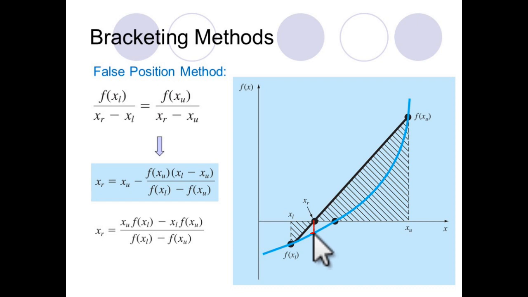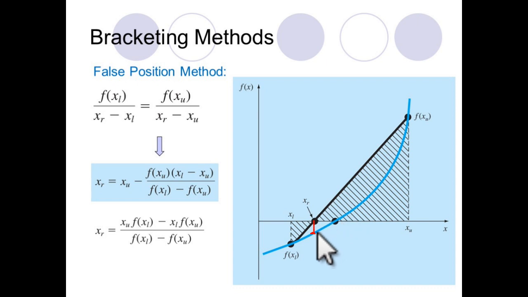Then what we do is very simple. We check again which interval to take, identical to the bisection method. Then we draw another straight line, because we check whether the root is between XR and XL or XR and XU. We multiply f of XR with f of XU. If it is positive, we need to take the upper interval.